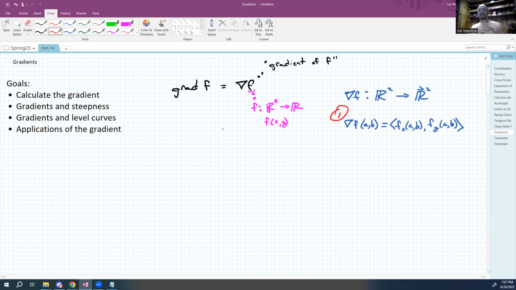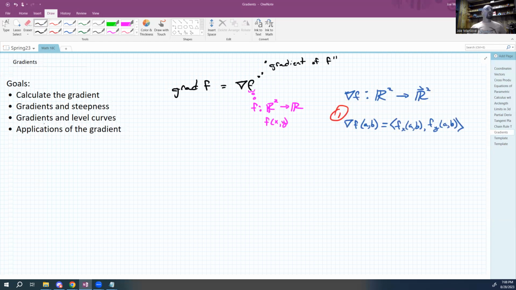Okay. Let's think about gradients and steepness. Well, I think I'm going to need to think about what this vector maybe means. Okay, so I'm going to think about standing at some point on a surface, right?